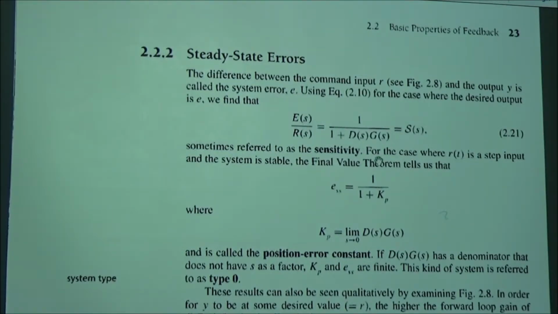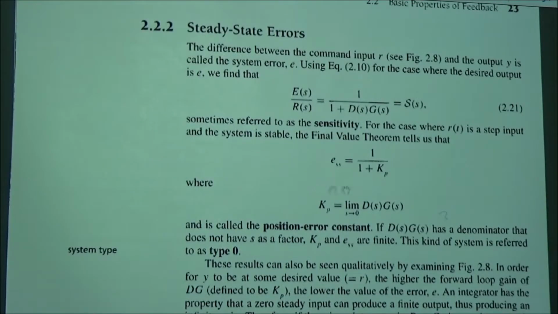And sometimes we call it the sensitivity function. If you apply the final value theorem, you will see that steady state error is 1 over 1 plus Kp, where Kp is the limit as S goes to 0 of D times G. And Kp is called the position error constant.